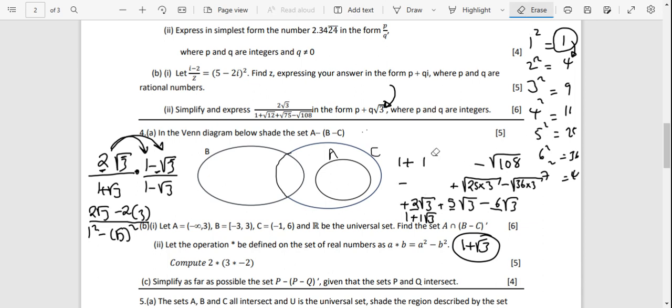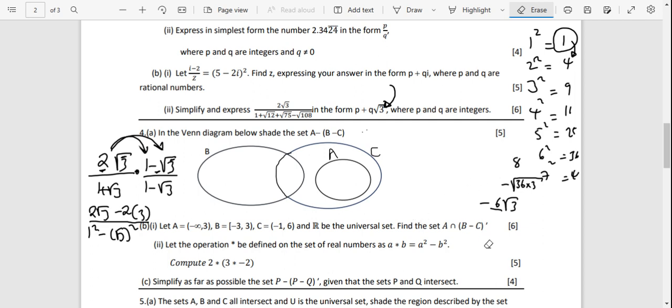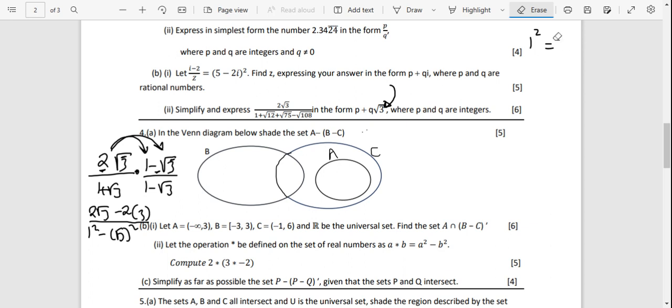Negative 2 times 3, that gives us negative 6. And then I write now 2 square root of 3.